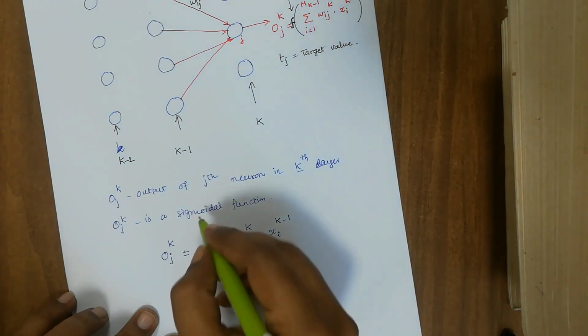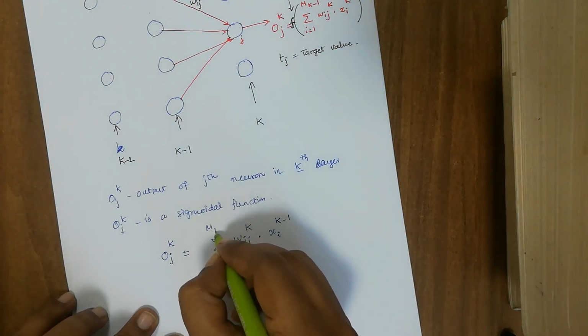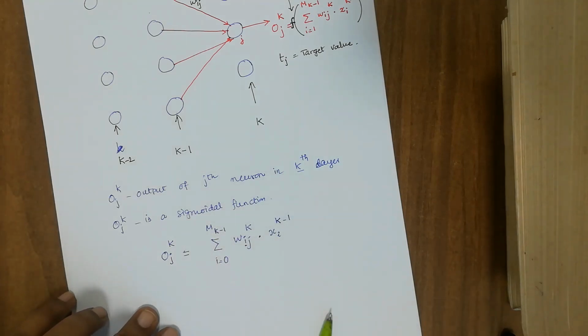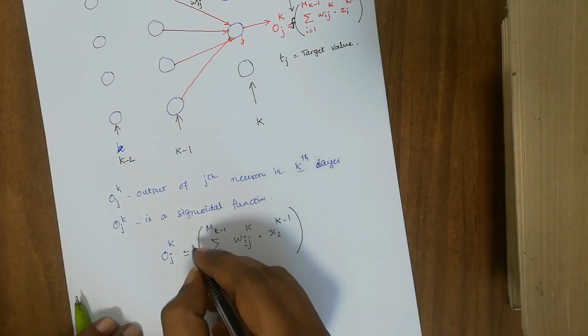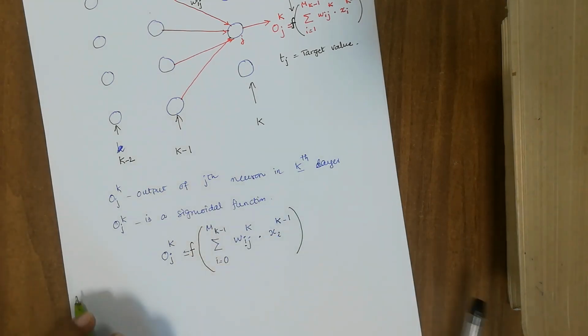So 0 to m capital K minus 1 from the previous layer, and then the total, apply some nonlinear function f.